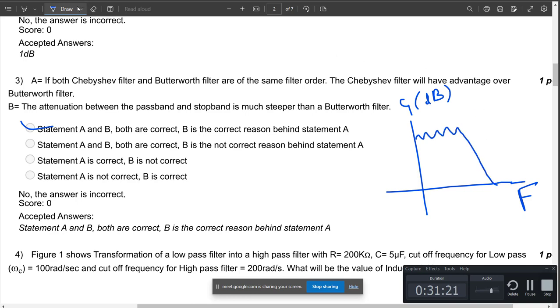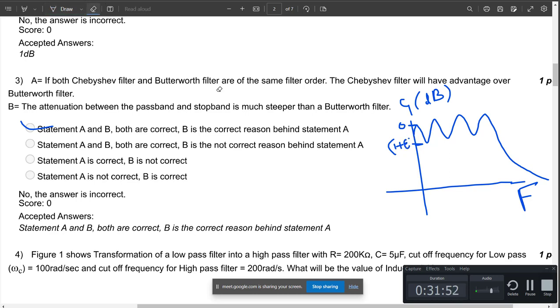Right, so this is in dB, it's 0, and this is log of 1 plus epsilon square.